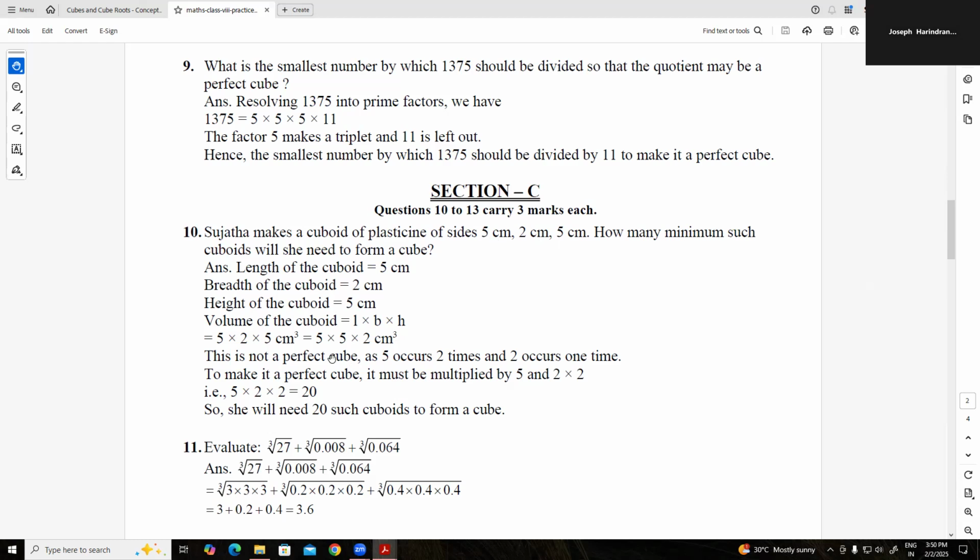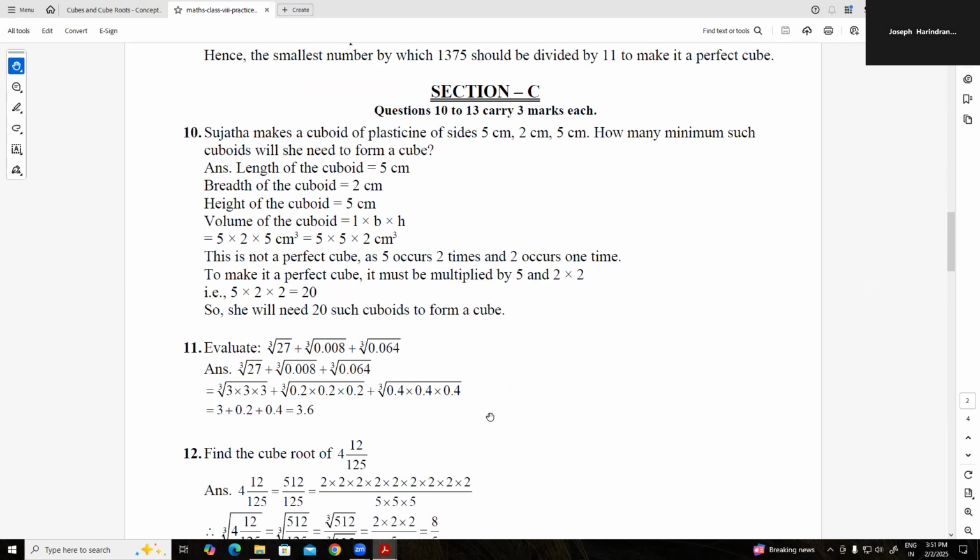We have to make it a perfect cube first. In this case, it will be 1000. We have to multiply this and make it a perfect cube. So what is the volume of the cube that will be formed? That will be 1000 cubic centimeters. If you divide by the volume of each cuboid, you will get the same 20 cuboids. That's all. So this is another way of doing it.